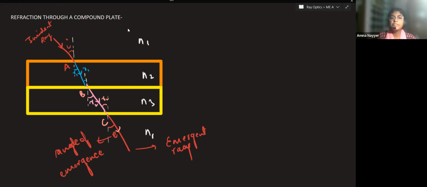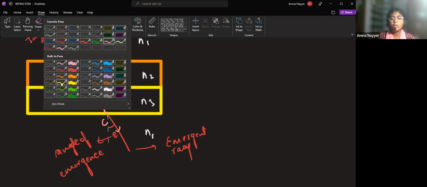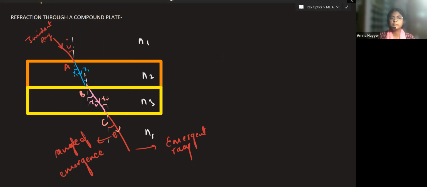Okay, now if we apply Snell's law over here, see, if the incident and emergent medium are the same, this medium is there, this medium is there, this medium is the same, so obviously the angle of incidence should be equal to the angle of emergence.